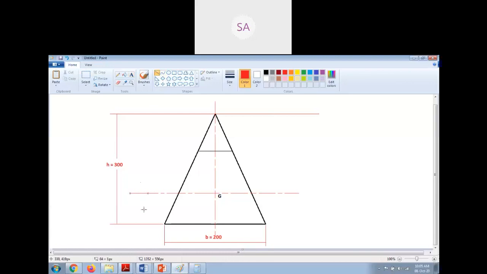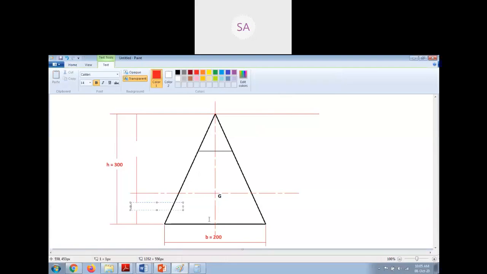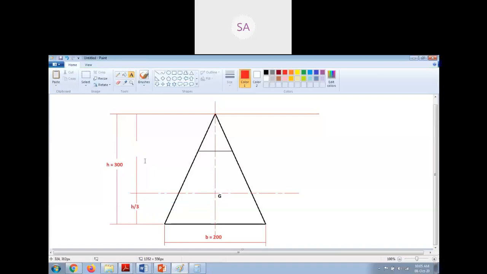The CG, center of gravity, from the base, is at a distance of h by 3. So this is the total height.